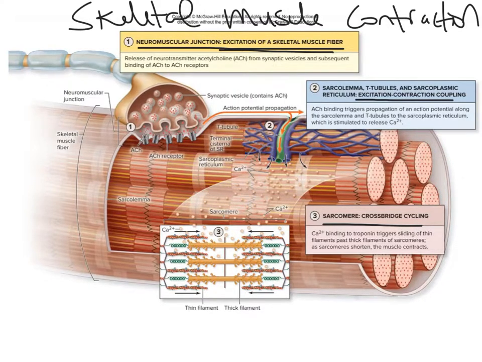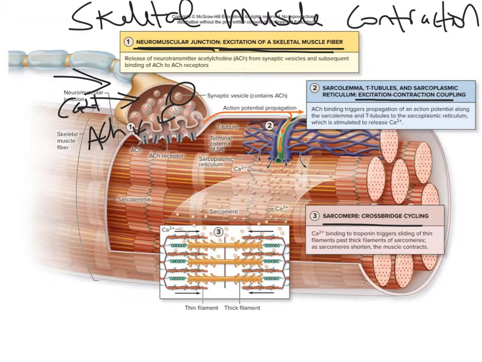So looking at what happens at the neuromuscular junction, you have the action potential arrive, you open the voltage-gated calcium channels, so calcium rushes into the synaptic knob. The synaptic vesicles are going to then be activated. They're going to release acetylcholine by exocytosis.